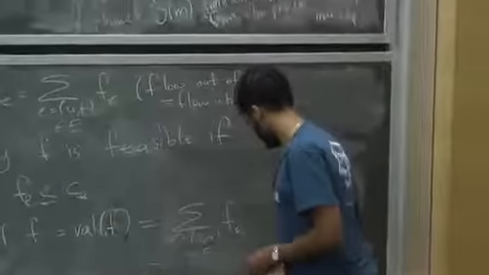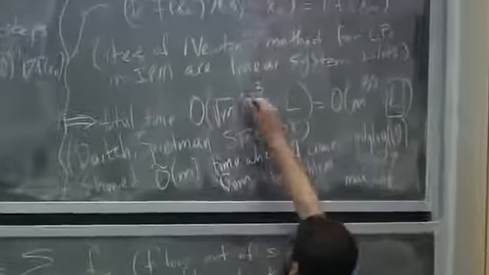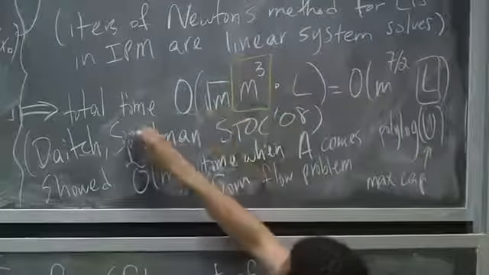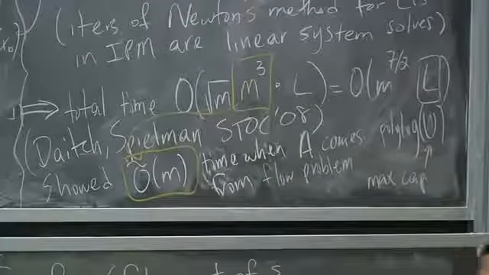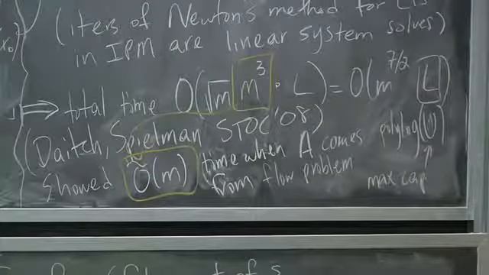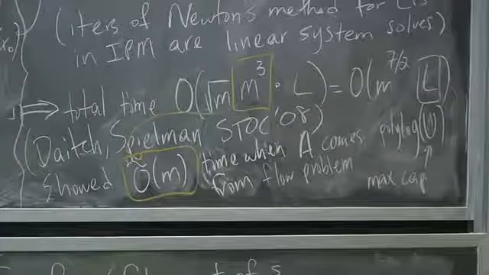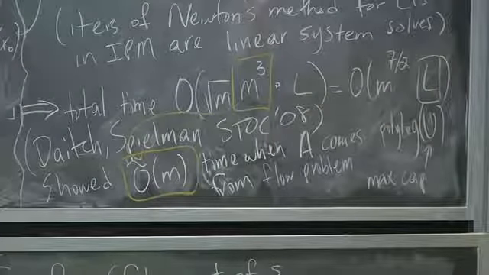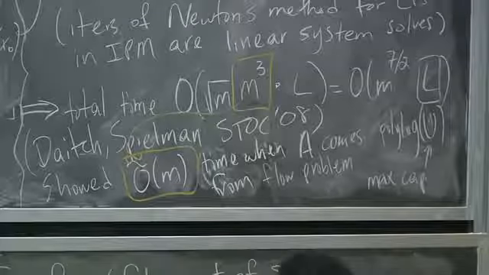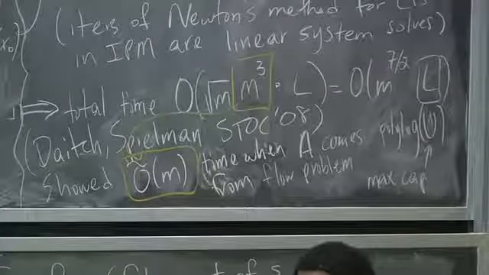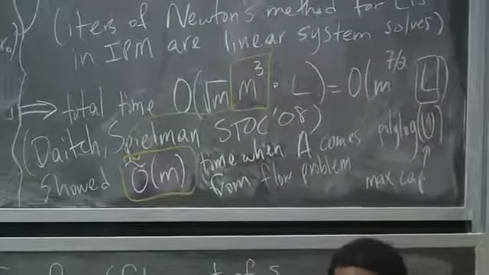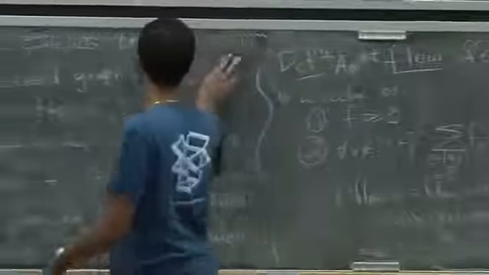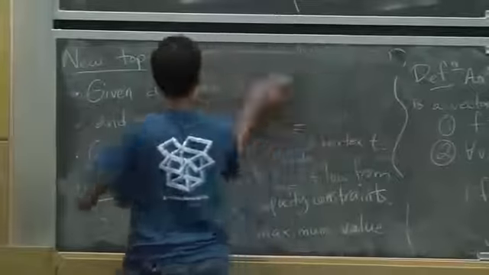So this m cubed basically turns into that, which at the end of the day means they get an m to the 3/2 algorithm times log capacity, or polylog. I think they get log squared capacity. M to the 3/2 times log squared capacity for linear programming, max flow. Actually, they look at more than just max flow. They look at other flow problems as well. Okay, so that's great.